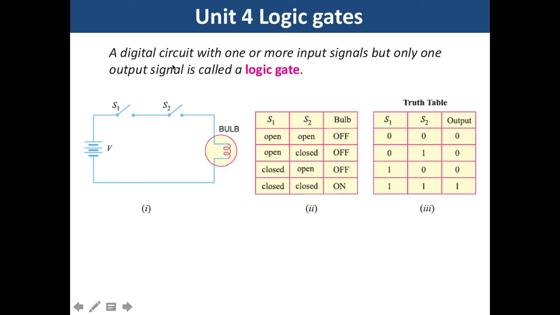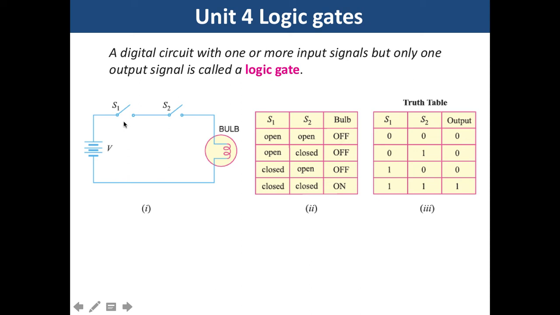A logic gate is a digital circuit with one or more input signals but only one output signal. Here one switching circuit is shown. If we apply the possible combinations between two switches: first switch open, second switch open, the bulb is off.